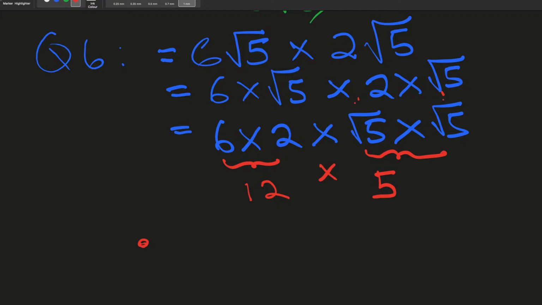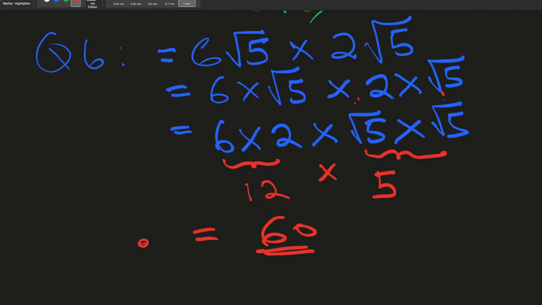But you don't need to do that. You know that the root, if it's multiplied by itself, is the same as the value. So now 12 times 5, and our answer will be what? 60.